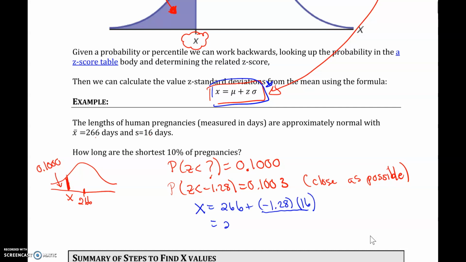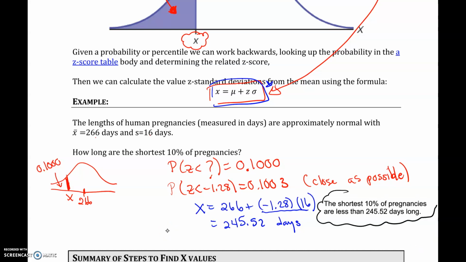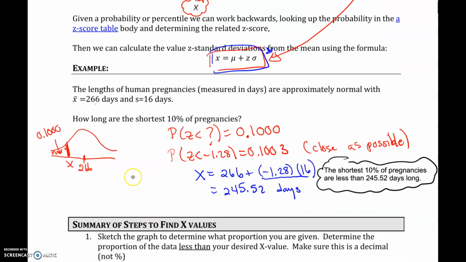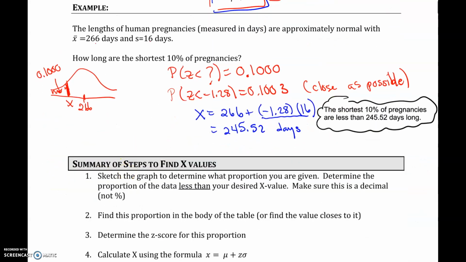This comes out to 245.52 days. So with the information we have on hand, we conclude that the shortest 10% of pregnancies are less than 245.52 days long.